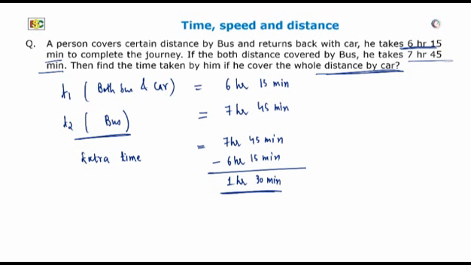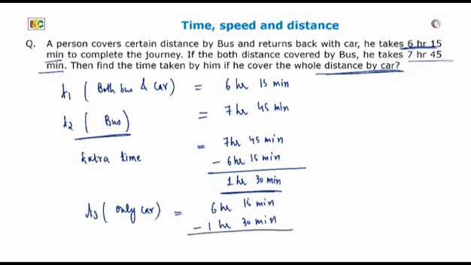Now, if he took only car, then time taken by him will be equal to 6 hours 15 minutes minus 1 hour 30 minutes.